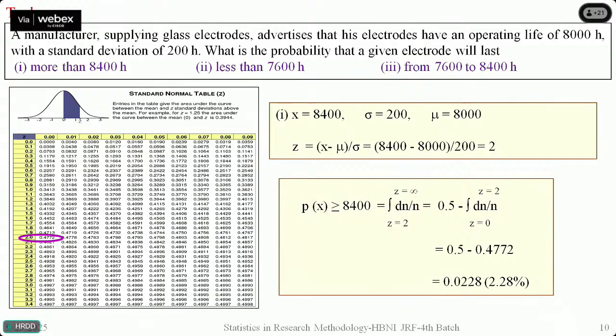If you shade the rightmost part fully, it will correspond to 0.5, isn't it? Till infinity is the point. 0 to plus infinity, similarly 0 to minus infinity also. This is one particular type of representation. In some other representations, they will show you the tail. Accordingly, first you have to see which table I am referring to. That is the most important thing.